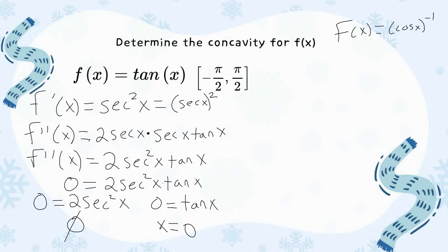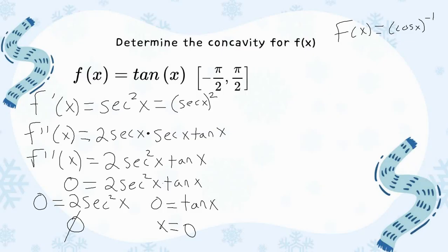Now, the other thing that we said we need to check for is where we are undefined. Where is tangent undefined? At pi over 2 and negative pi over 2, which is why those are our inputs, because that's where it's undefined.